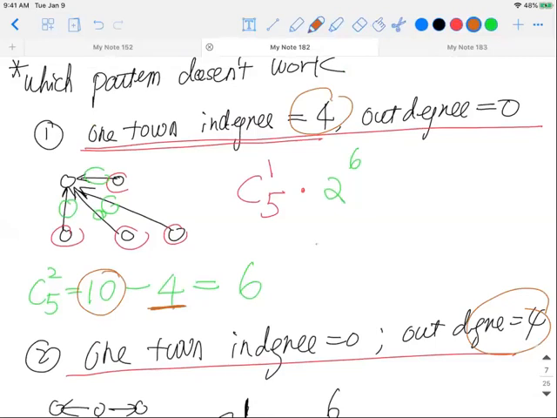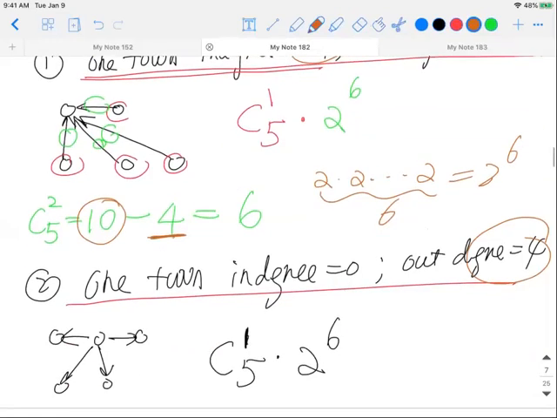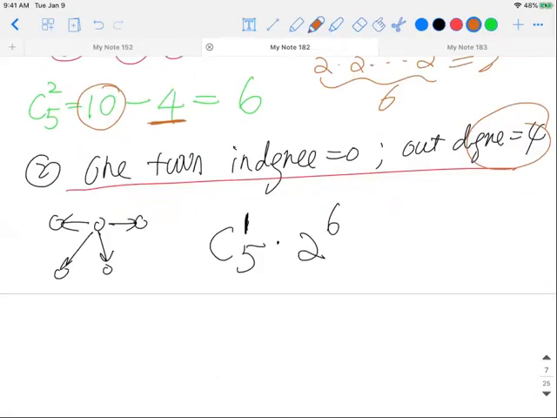So each one you have 2, all the way you have 6 twos. So 2 to the power of 6 using the multiplication principle. Is that right? Okay, any question, let me know. I'm here to help. Okay, so the most complicated thing is our scenario number 3.